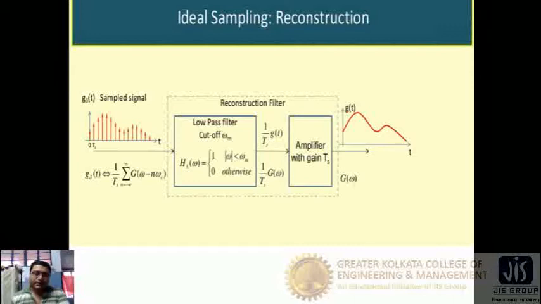In this way we can reconstruct the sampled signal to our original signal. So it has a great impact in converting the digital signal into an analog signal also. We'll discuss it in more detail in the last portion of this session.